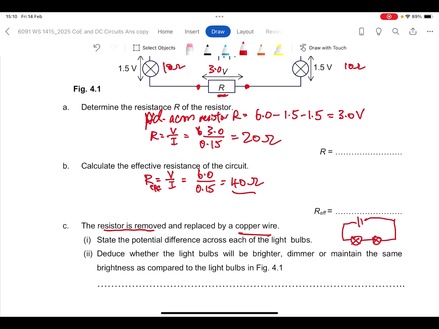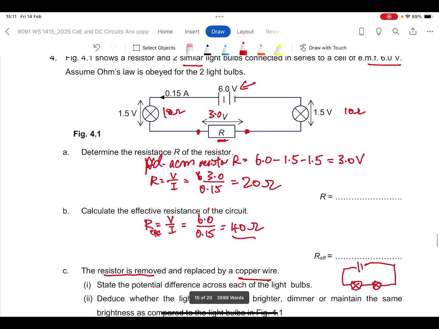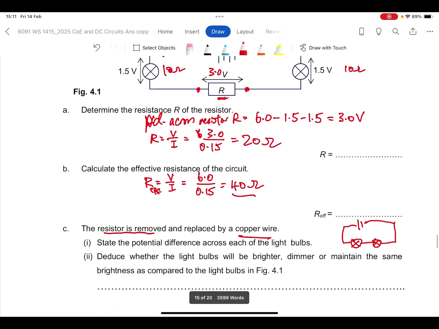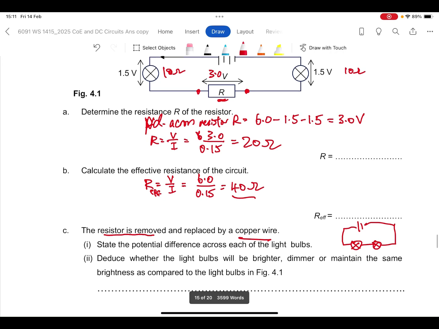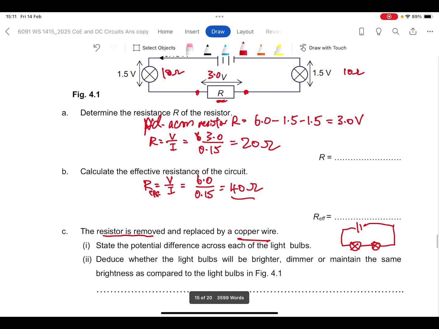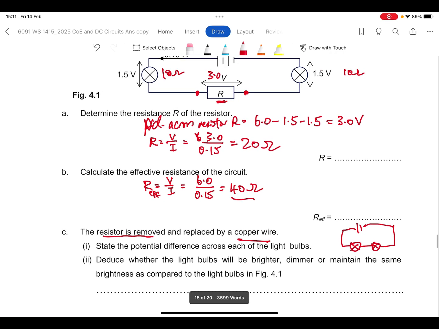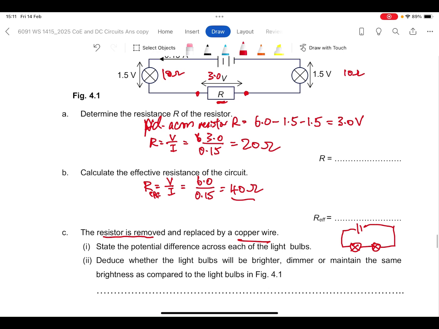Deduce whether the light bulbs will be brighter, dimmer, or maintain the same brightness as compared to the light bulbs in figure 4.1. Usually the brightness of bulbs depends on the power. Power, we have not learned yet, but power is equal to PD times current, P equals VI. You're going to learn this later.